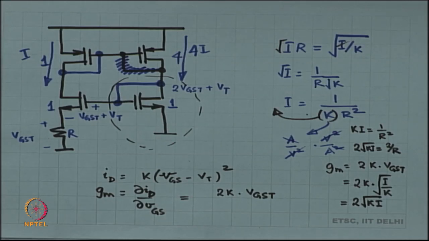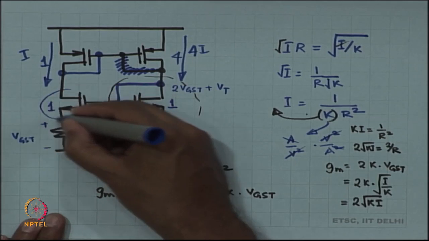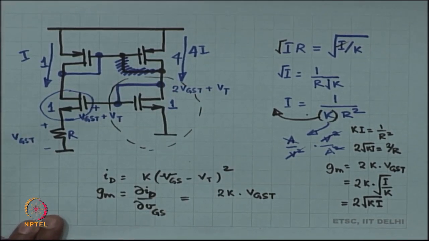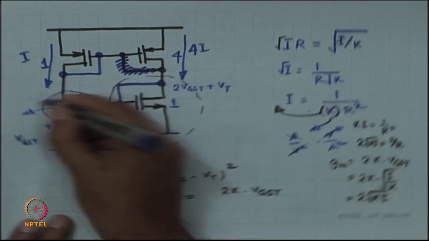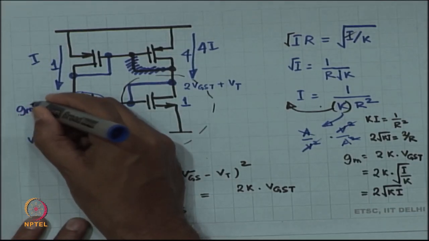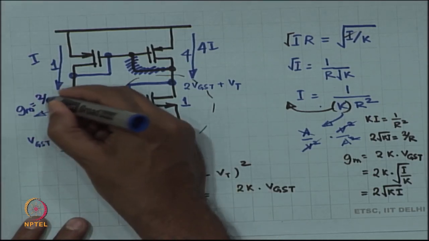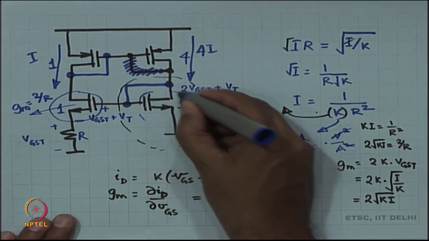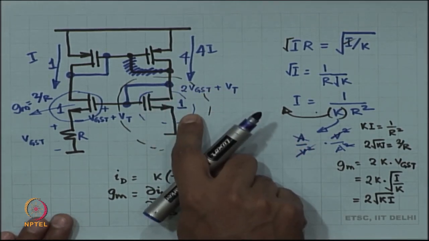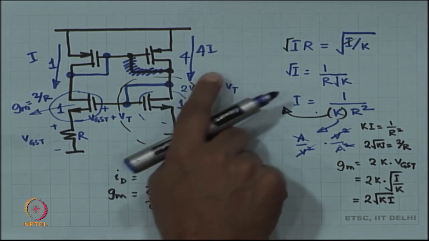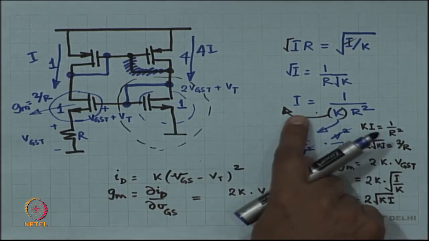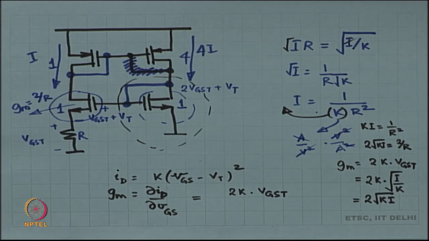What I am saying is that this particular device is carrying a current I. The GM of this device is 2 by R. The GM of this particular device is carrying a current of 4 times I, where I happens to be 1 by k r squared.